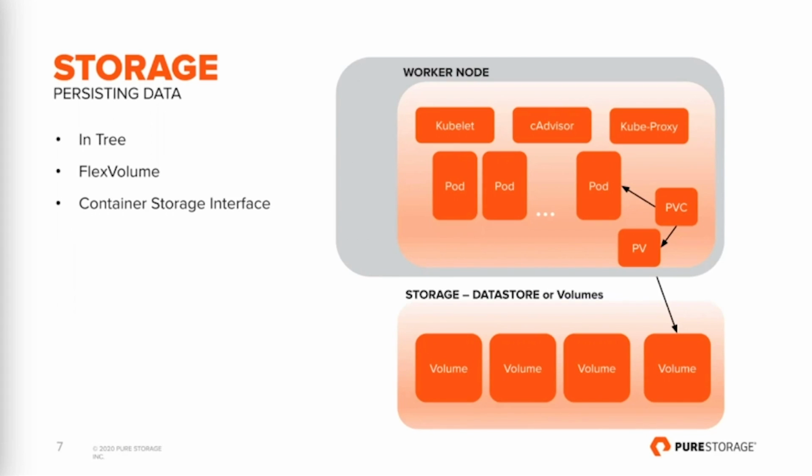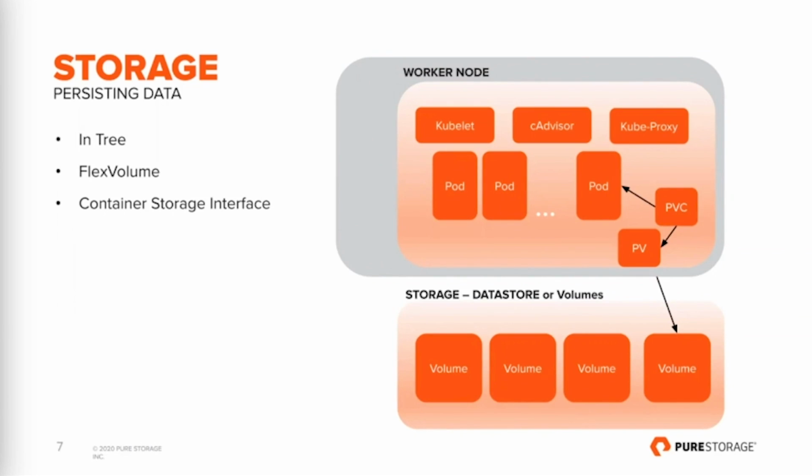So Flex Volume Driver then came out. It was good, and it actually allowed every storage vendor to provision or build their own type of driver, but it also had some security things with root and things like that.